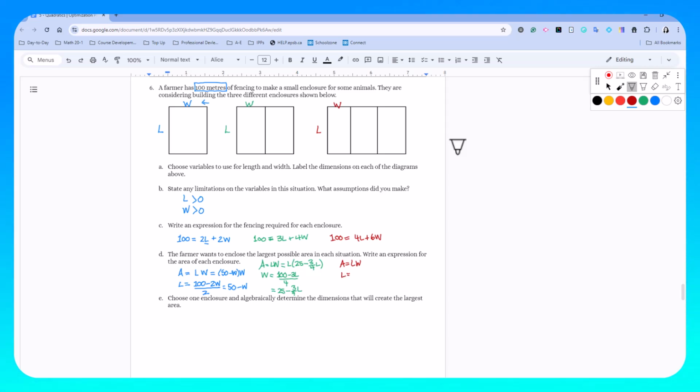So we say L equals (100 minus 6W), dividing everything by 4, and then that equals 25 minus 3 over 2 W. So this one is going to equal the L value, which is 25 minus 3 over 2 W, times the W. So notice you can switch between which one you're going to isolate and what your area is going to be in terms of. The first one, the area was in terms of W, the second L, and the third W, and that's okay.